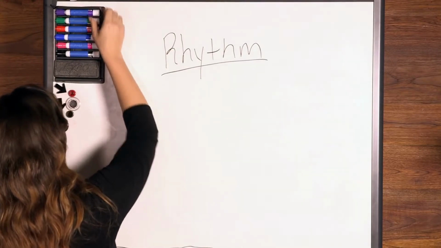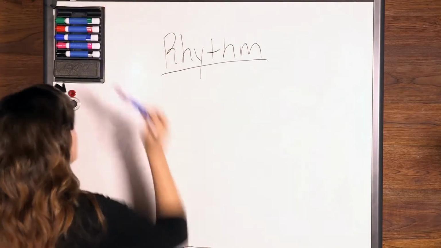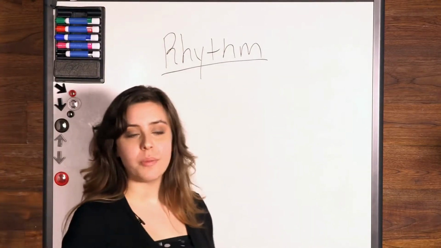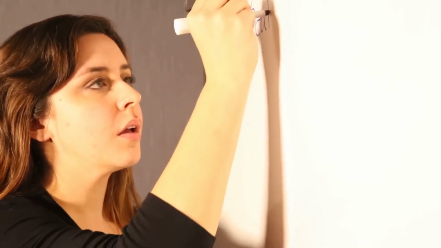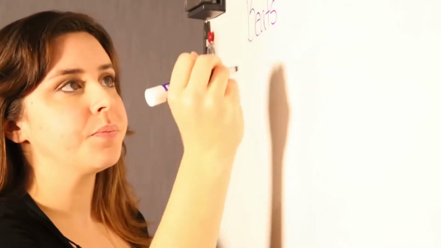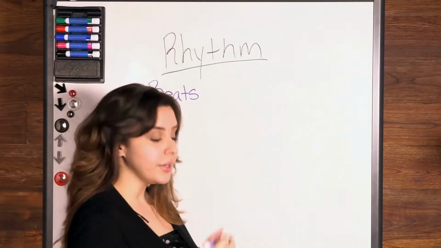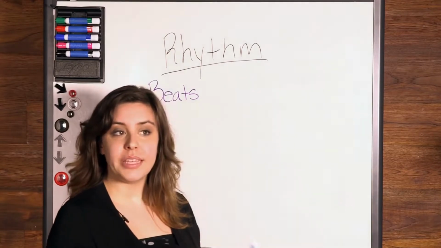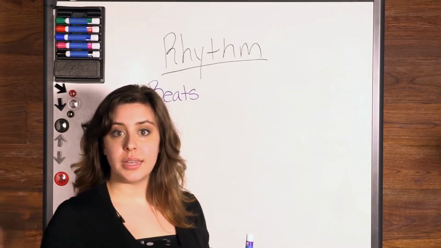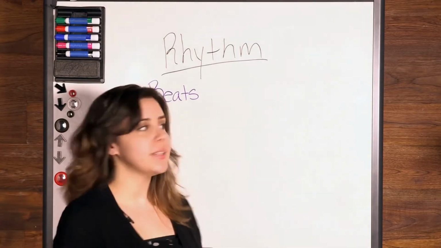So, one aspect of rhythm is beats. Beats are described as the amount of time each note in a musical composition gets.